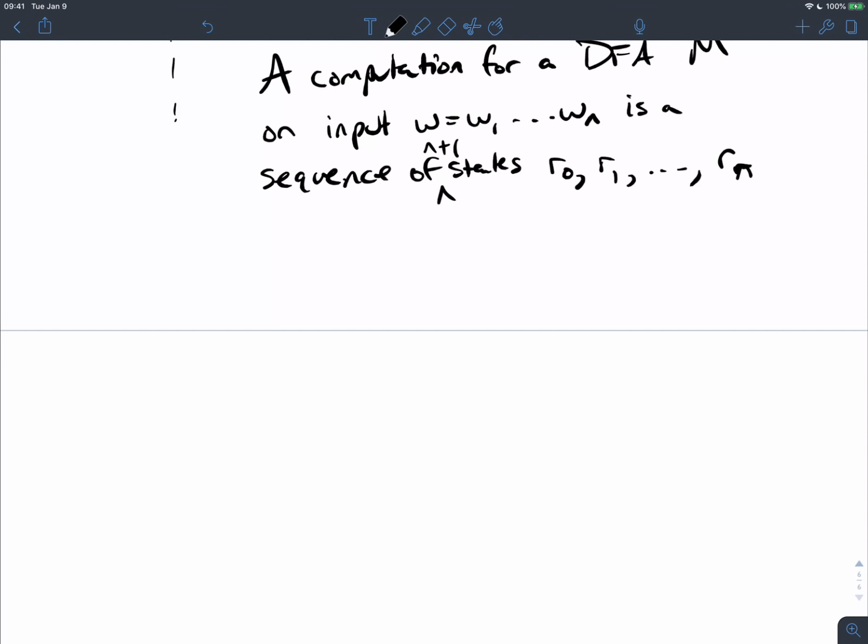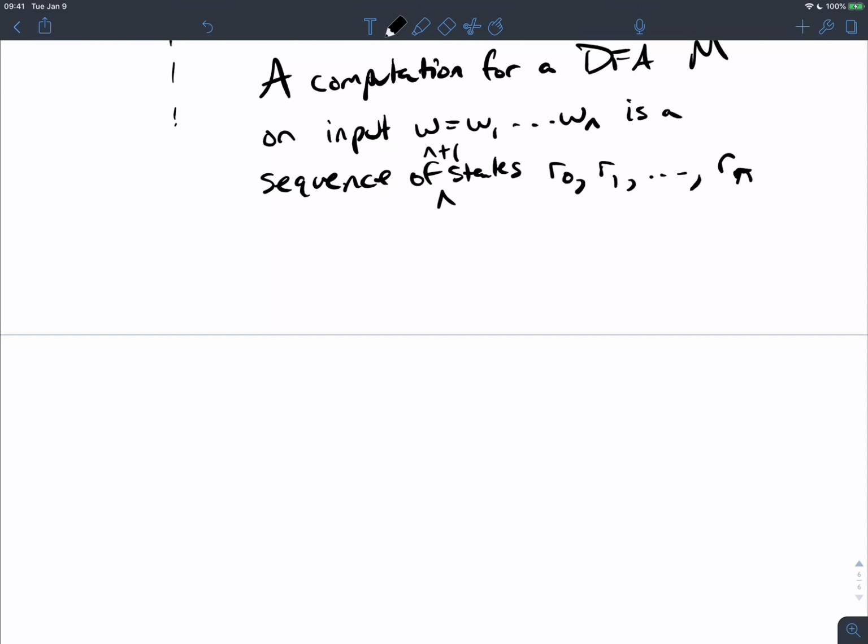But if I just tell you any old sequence of n plus 1 states, is that a proper computation for a DFA? Is it okay if I'm at some state right here and instantaneously the next state in the sequence is this state way over here that's not connected to it?